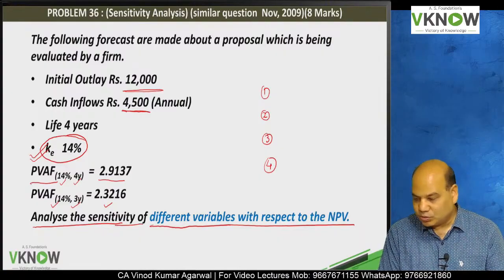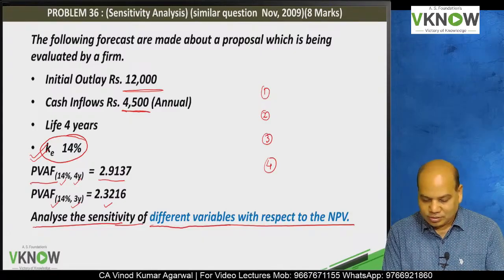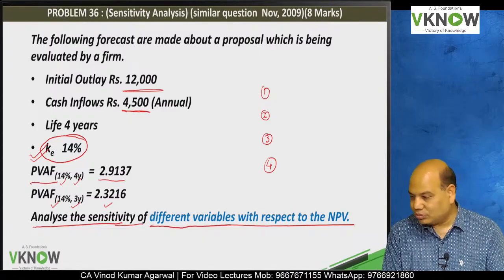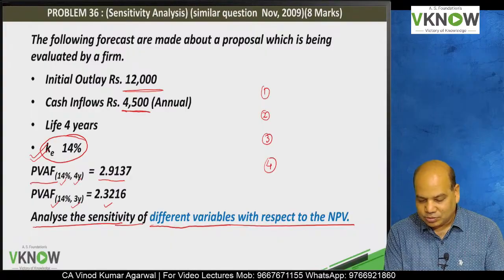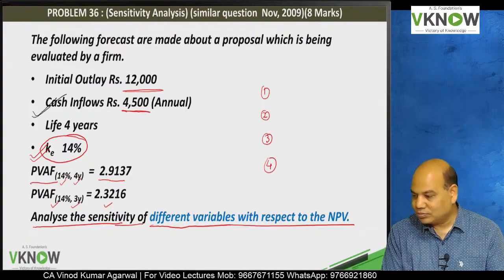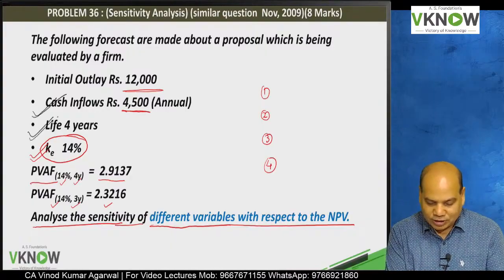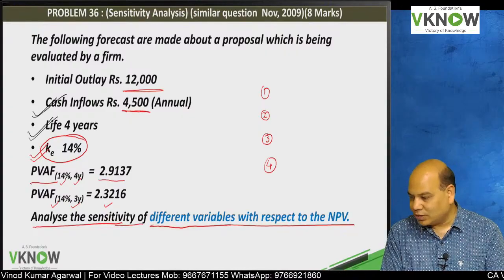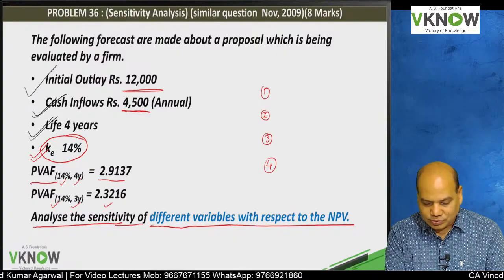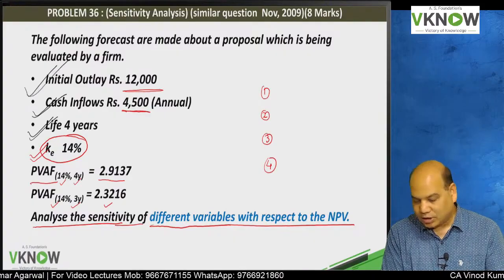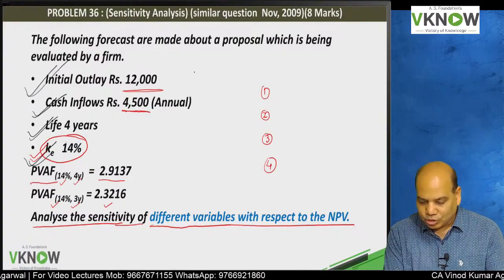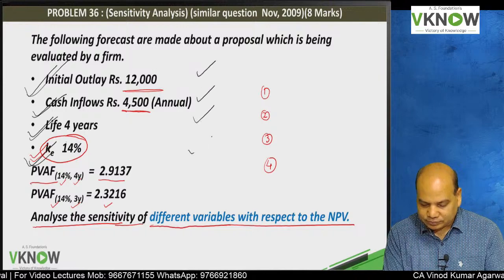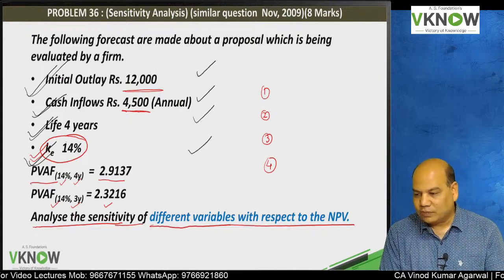Cash flow. Okay, which cash flow? You are talking about cash inflow. Life. Very good. One student is replying cash inflow, life, and cost of the project also, and discount rate also. All these 4 factors are going to affect NPV.